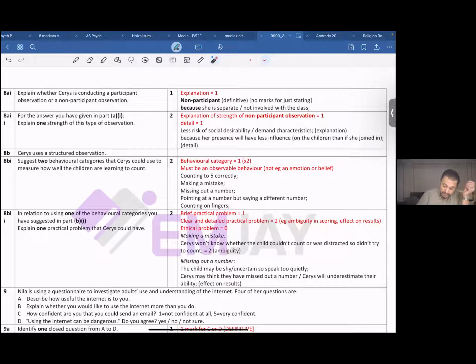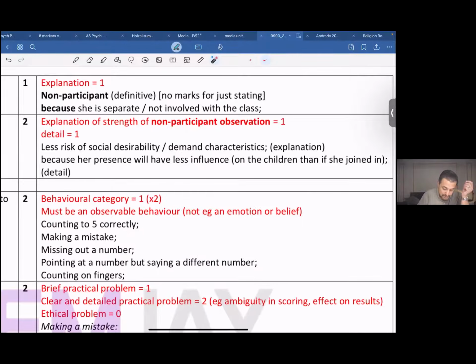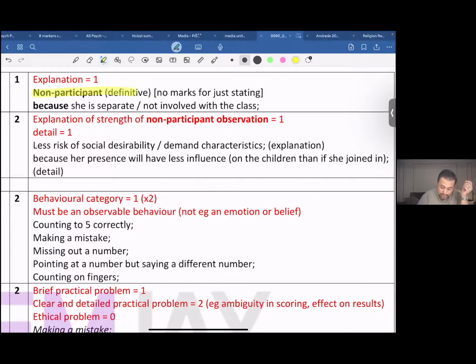Let me be very clear: if you're just writing non-participant, you are not getting a mark. No marks for just stating. If you are asked to explain, you add the second part as well, a non-participant observation because she is separate or not involved with the class, to score that 1 mark.